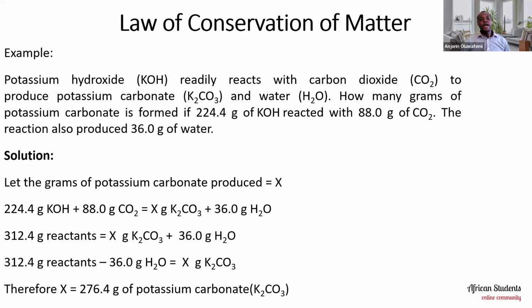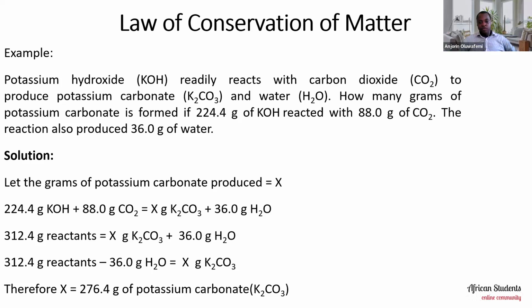Okay. So when you add up what is on the reactant side, what you end up having is about 312.4 grams of reactant. And then on the product side, what you have is X grams of K2CO3 plus 36 grams of H2O. Now, for us to know the mass of K2CO3 that was formed, we simply subtract 36 from 312.4 grams from the reactant side.